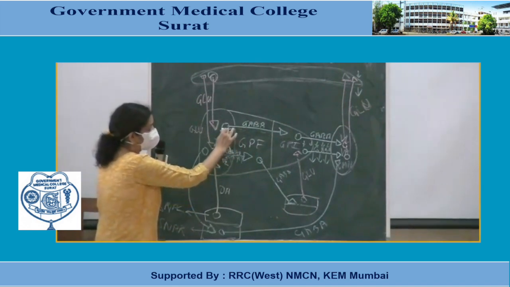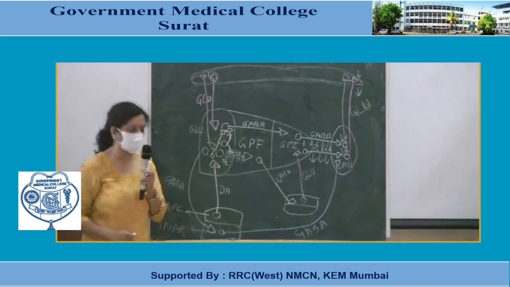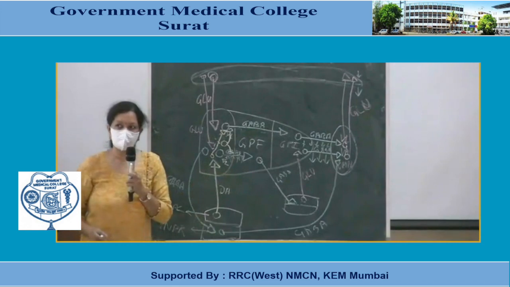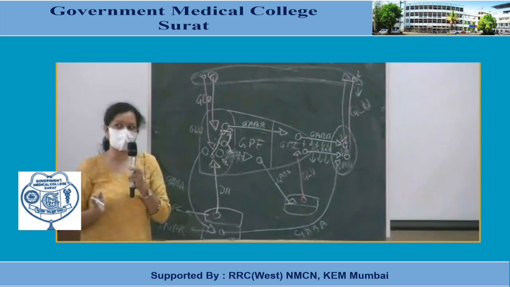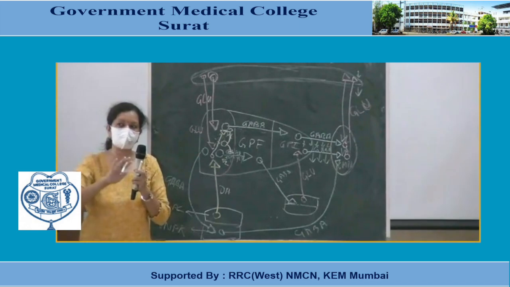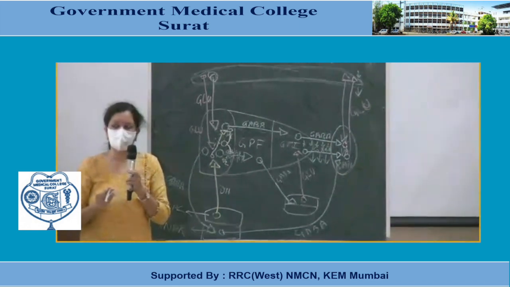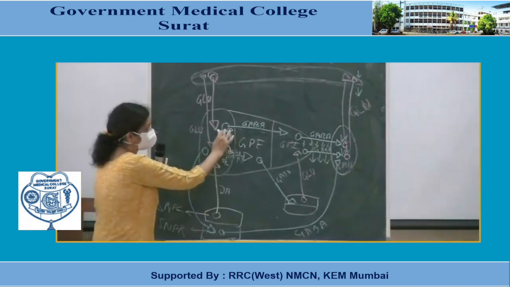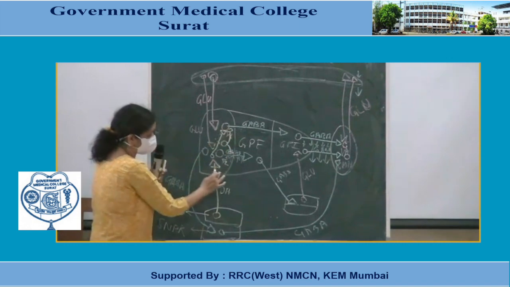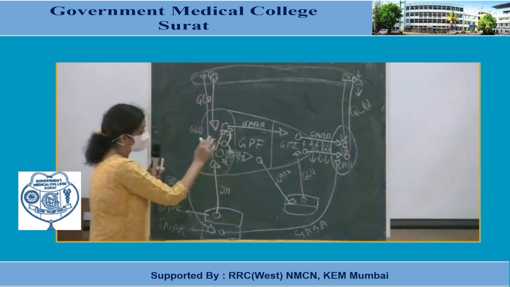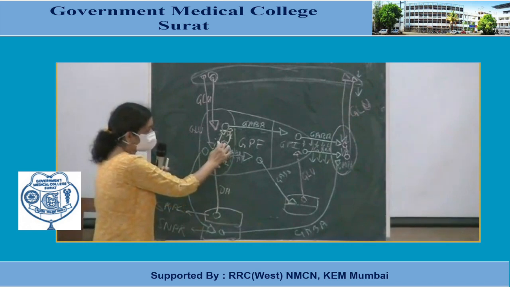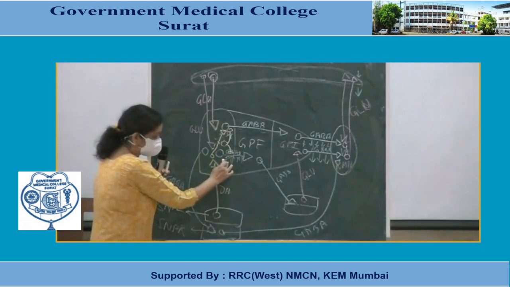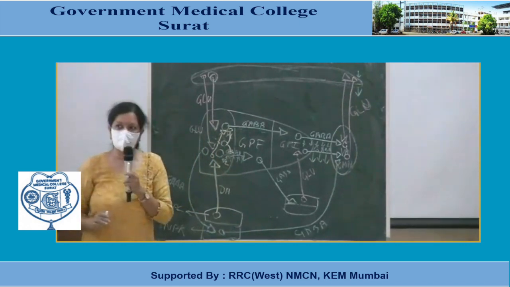Acetylcholine has an inhibitory effect on the direct pathway, whereas it has a stimulatory effect on the indirect pathway. That is, the effect of acetylcholine is the reverse of dopamine. Dopamine is excitatory to the direct pathway and inhibitory to the indirect pathway, whereas acetylcholine is inhibitory to the direct pathway and stimulatory to the indirect pathway.